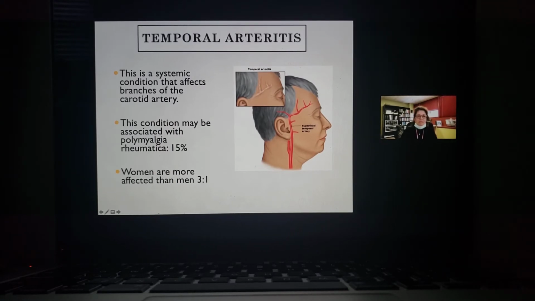I mentioned to you, it is part of a systemic condition. Approximately 15% is associated with a systemic condition, and women are more affected than men.